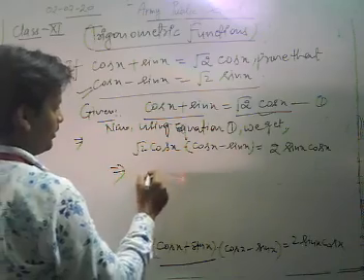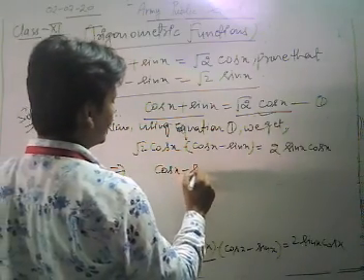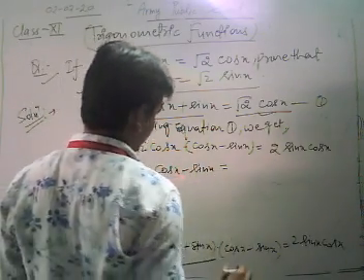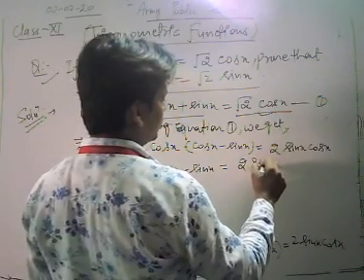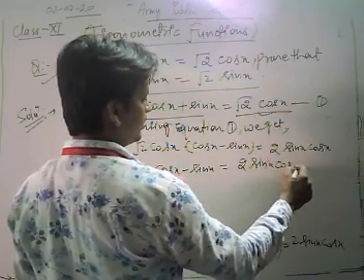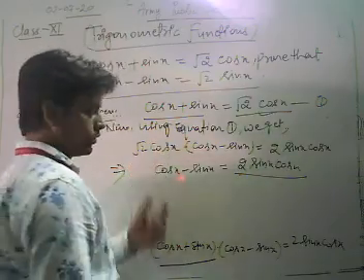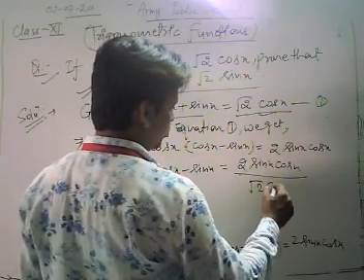So we have cos x minus sin x is equal to 2 sin x cos x by root 2 cos x.